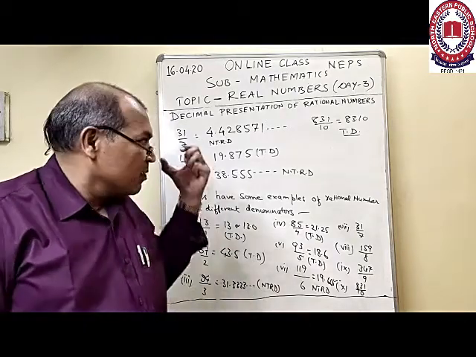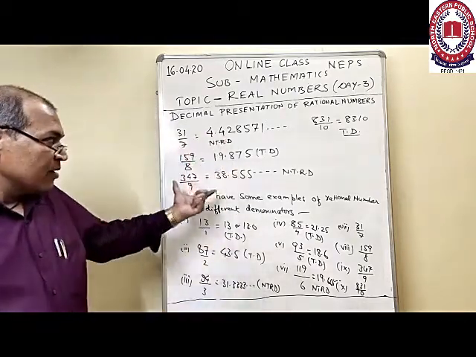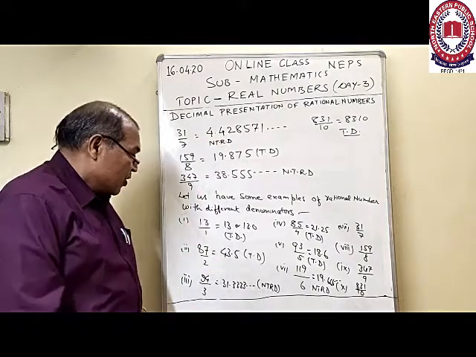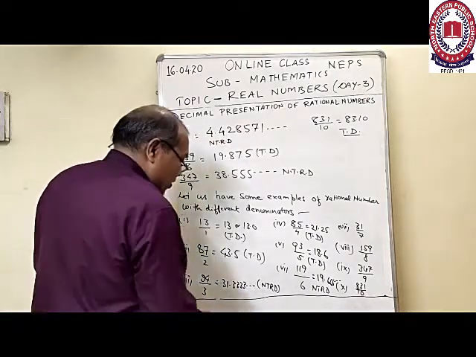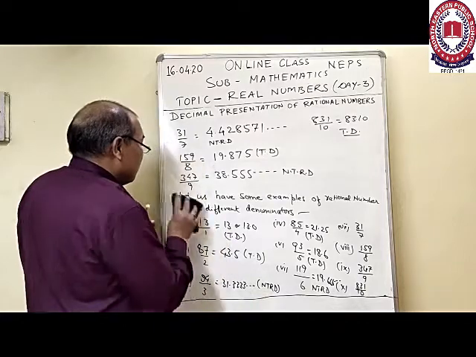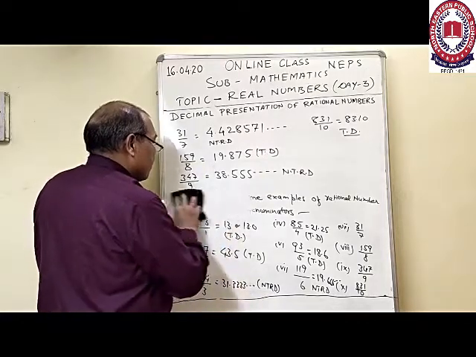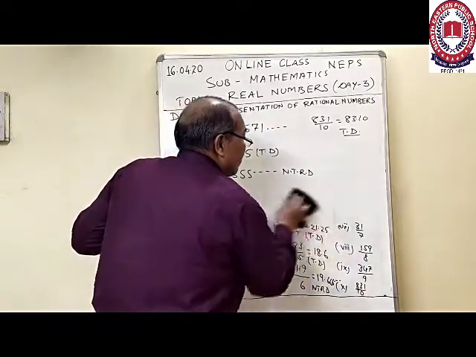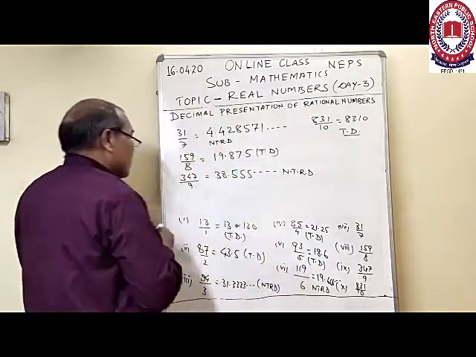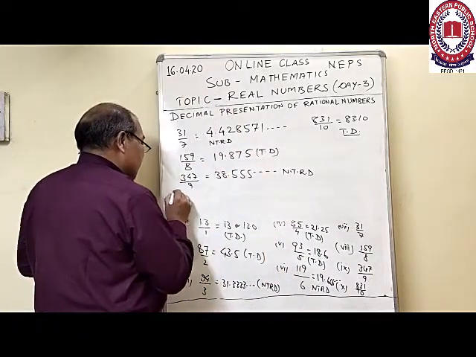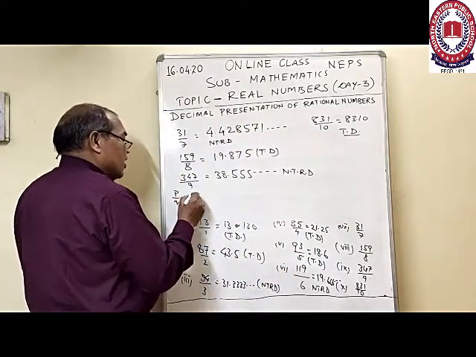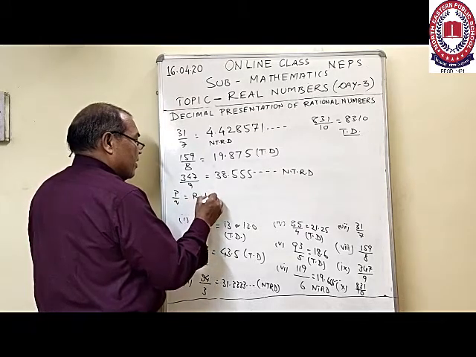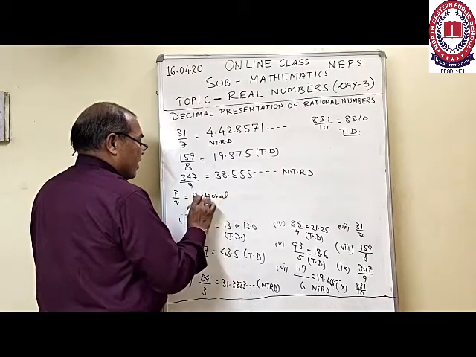So let us observe keenly from these examples. We observe here, let P upon Q be a rational number.